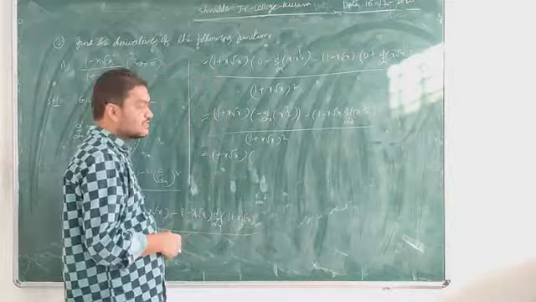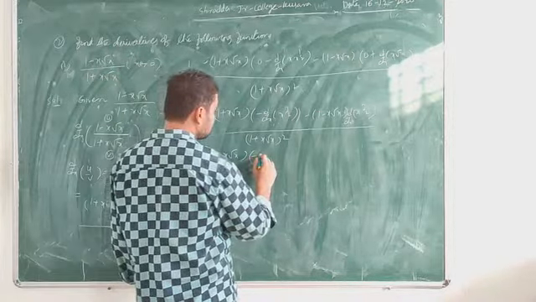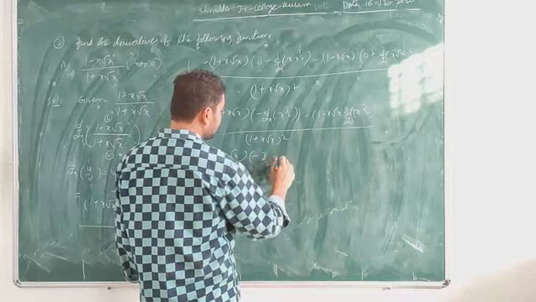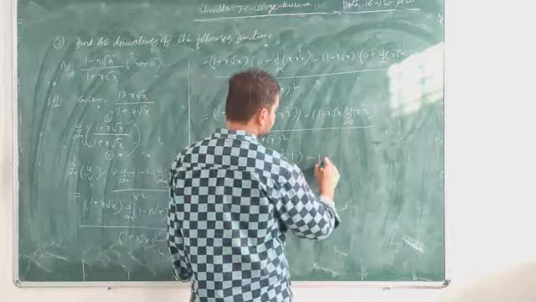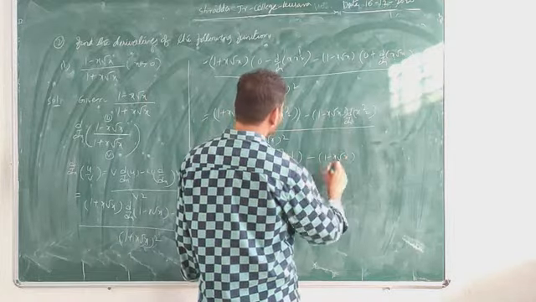See, which form? d/dx of x power n means n into x power n minus 1. Minus (1 minus x root x).